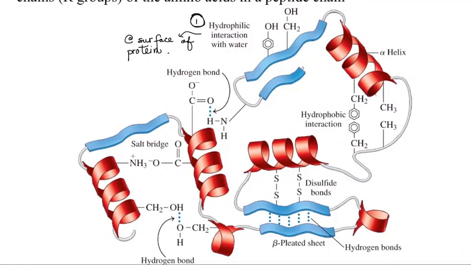So most of the amino acids that we see at the surface, okay, are going to have polar side chains. So that's why you see tyrosine there with the benzene and the OH. And then you see CH2OH, that is going to be most likely serine, okay?